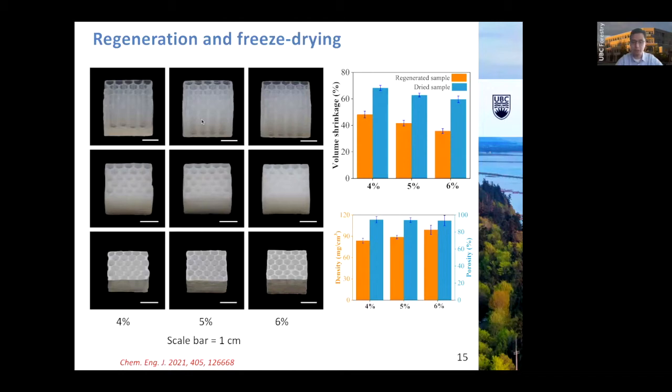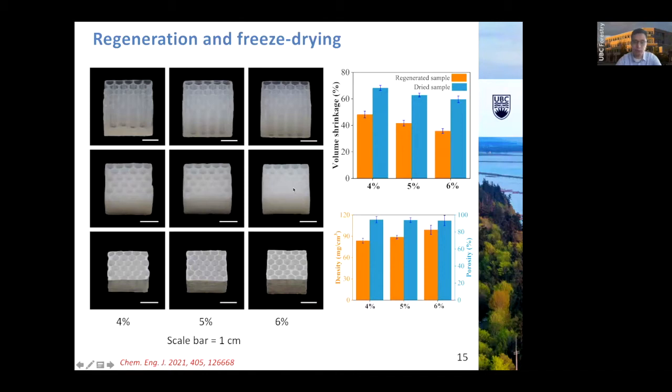Therefore, after printing, it collapses very easily. But if you look at 4% to 6%, it is about 2 centimeters tall, and they maintain the structure very well. And then after that, we can regenerate by washing off the sodium hydroxide and urea.